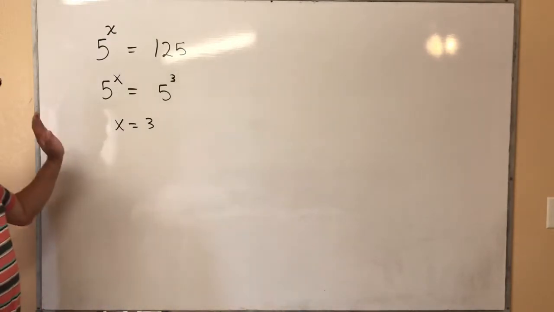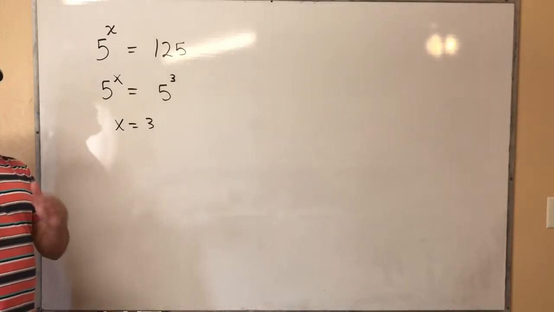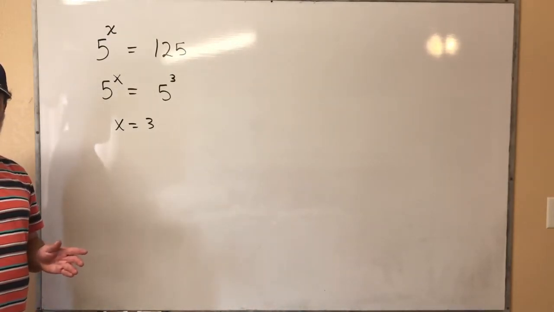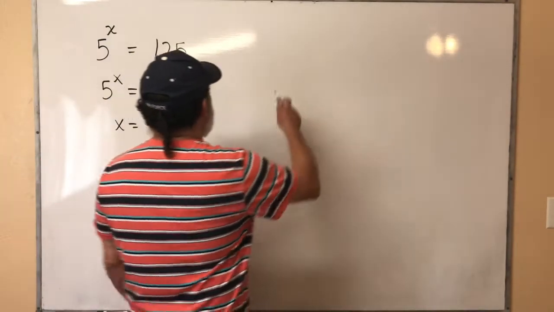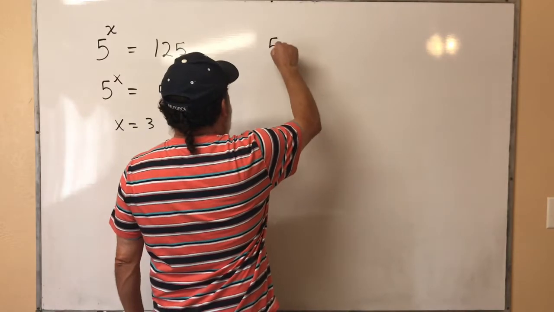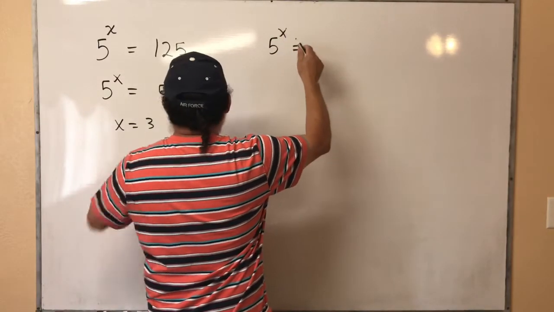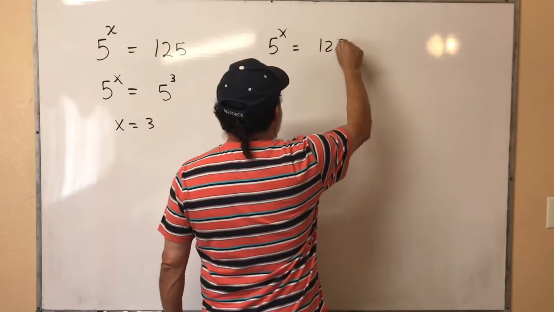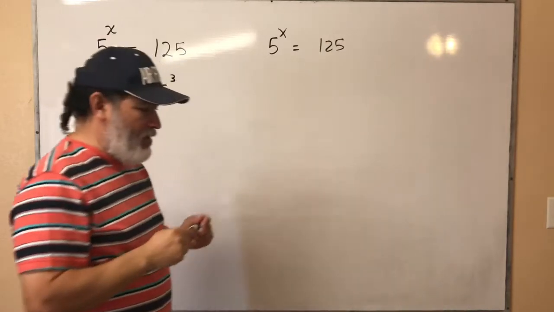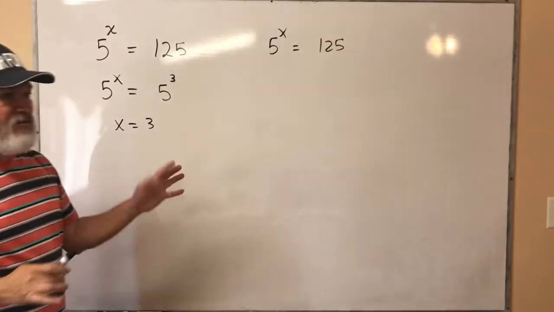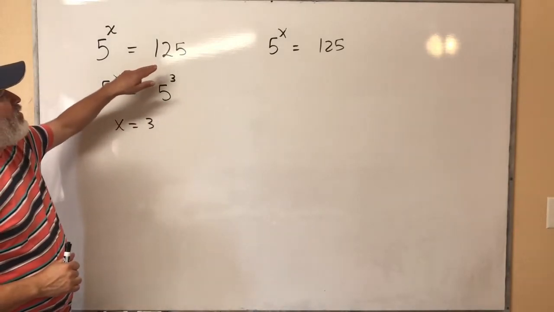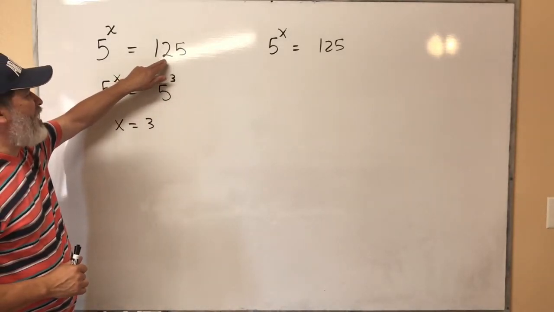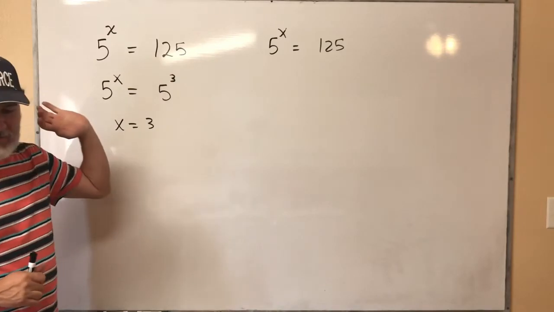Now this is if you recognize it. Now there is a general way. If you don't recognize this, if you have 5 to the x equals 125, let's solve this without even worrying about whether you can express the right-hand side with the same base.